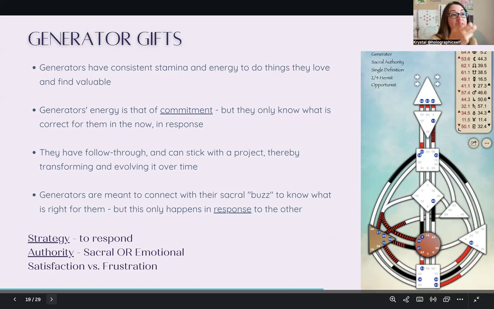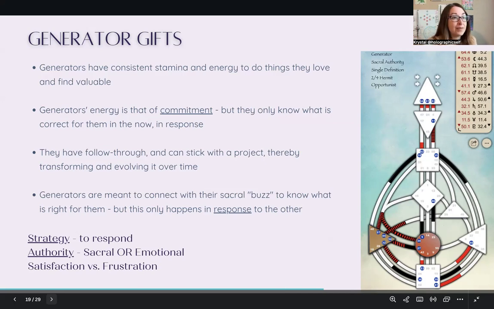So maybe they enter into a situation that was good in the beginning, but then along the way, as they were building, something changed. The vibe is off, or the priorities of the person in charge shifted, and they're not feeling it anymore. That is something that generators can recognize as, oh, this is no longer aligned for me. And they can make that decision to move on, hopefully gracefully.